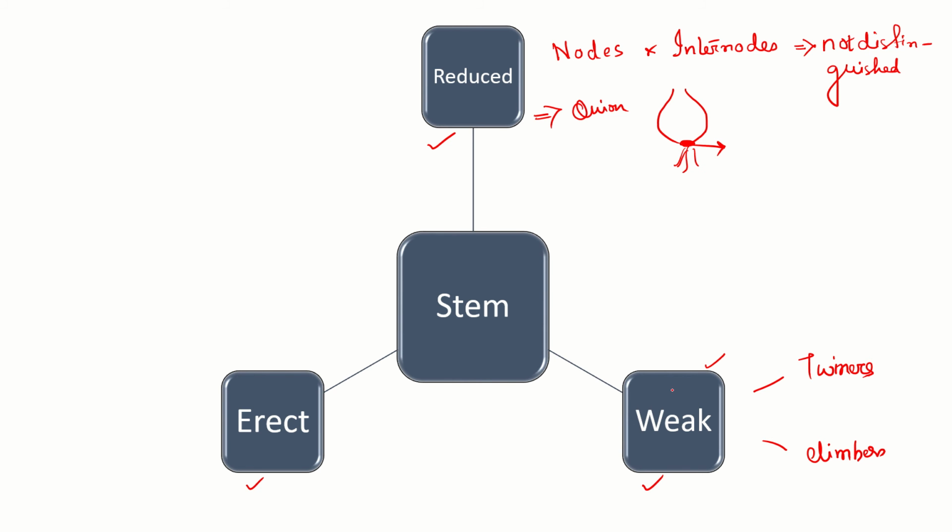Twiners are generally slender, flexible, they are long and very sensitive. They can twine or coil around the support.